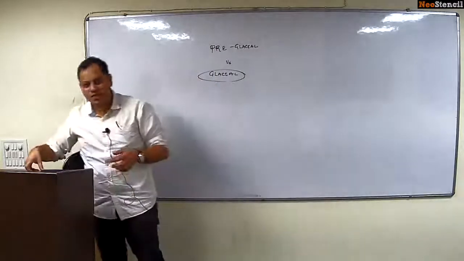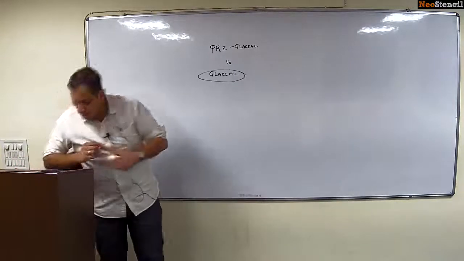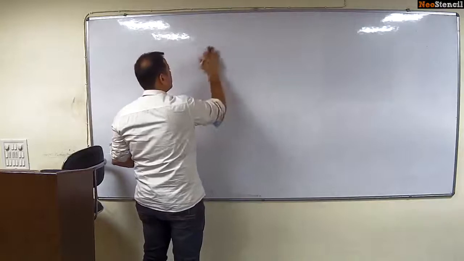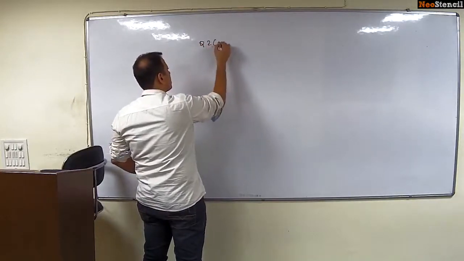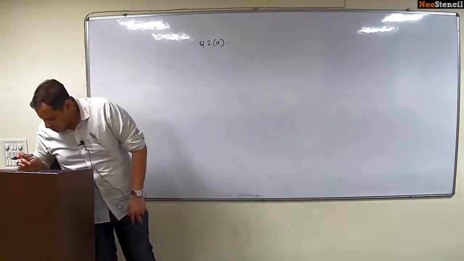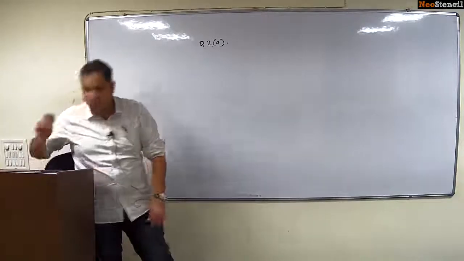Question number 2 is the easiest of all the questions. Question number 2a says: discuss the forces which govern the air movement on the earth's surface.